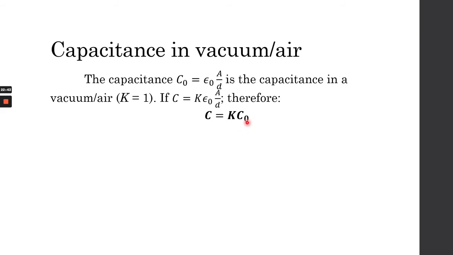So how can I explain this clearly? For example, I have a capacitor A, and this capacitor A has a capacitance of, let's just say, 1, while there is nothing in between the two plates.